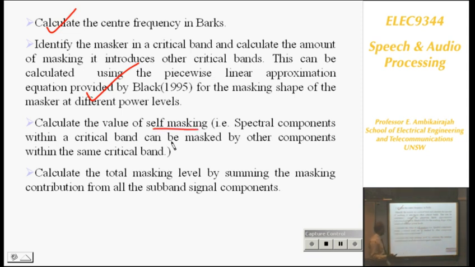This is your intra-band masking. Remember intra-band? A signal within a critical band can mask another signal within that band. You know ET is equal to minus 14.5 plus I, and EN is equal to 5.5. I did that earlier. And then you add them together, you get the total masking component.